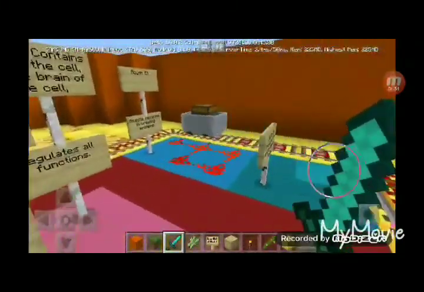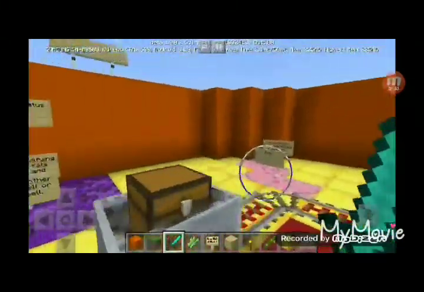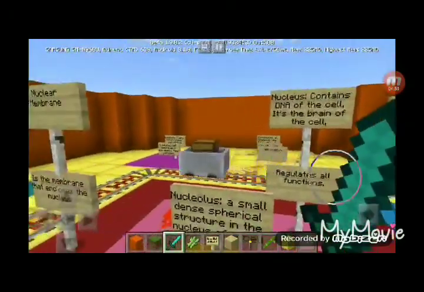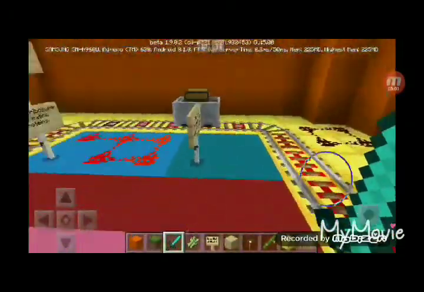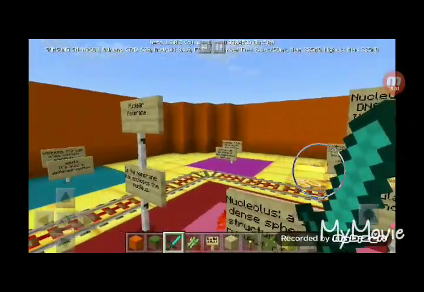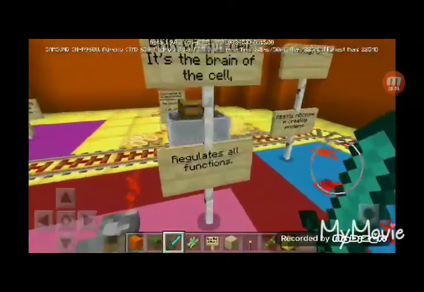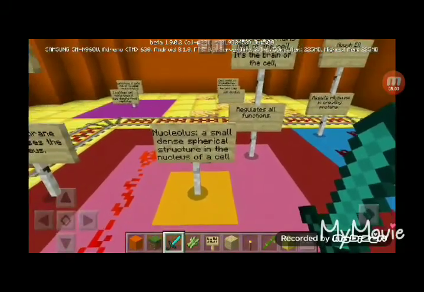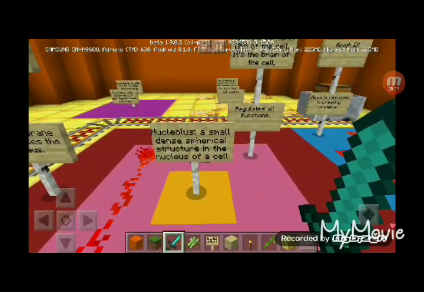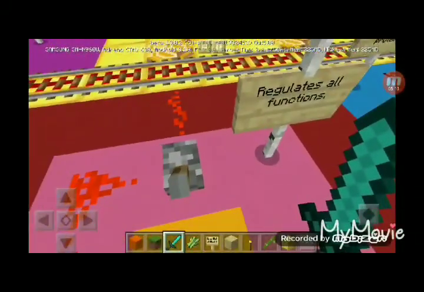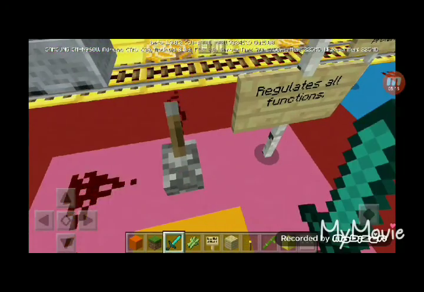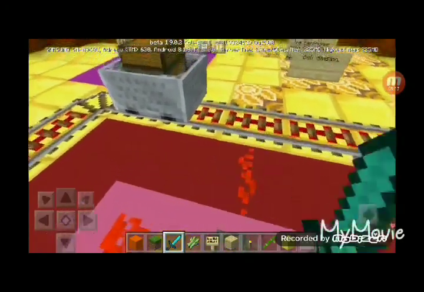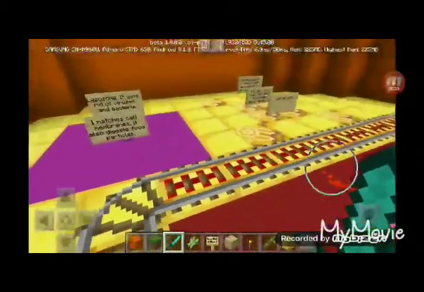So it goes round and round, and it regulates stuff. It's just like when you eat food, and the food goes down your throat to your stomach and all that kind of stuff. It's pretty much like that. The nucleus is just like the brain. It's just like your brain controlling your body. It tells it when to stop and when to keep going.